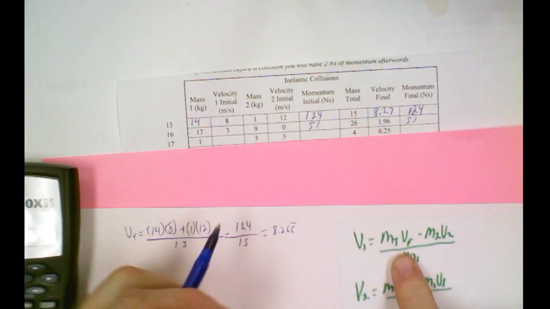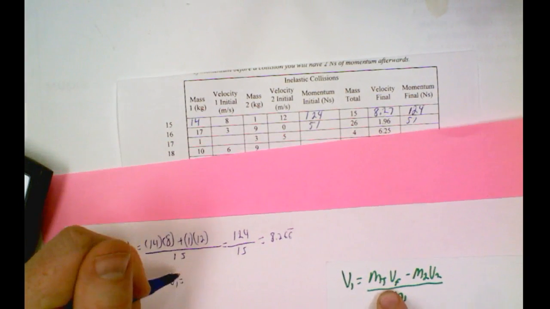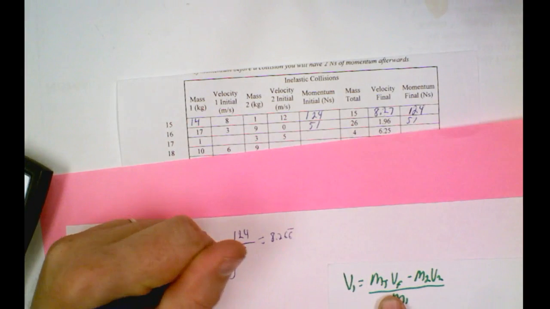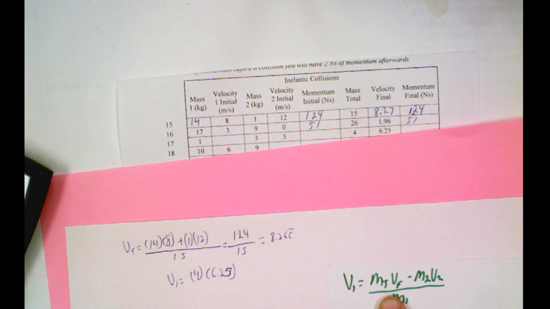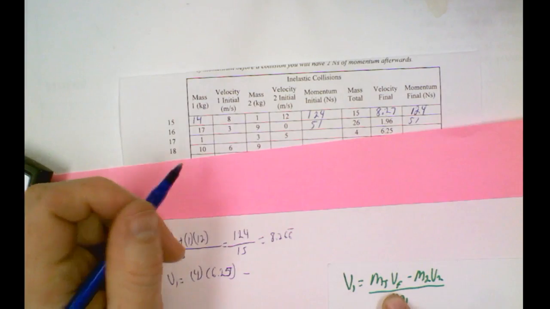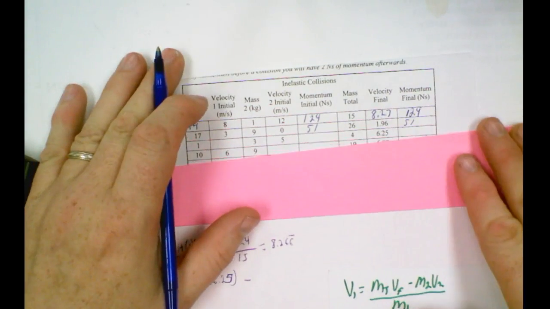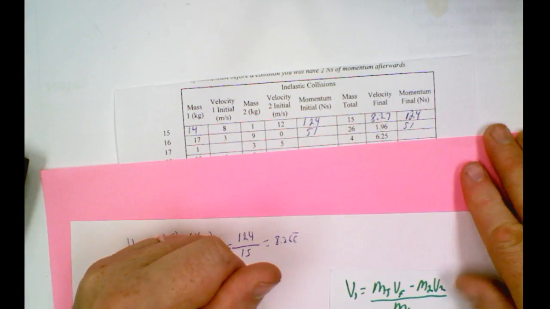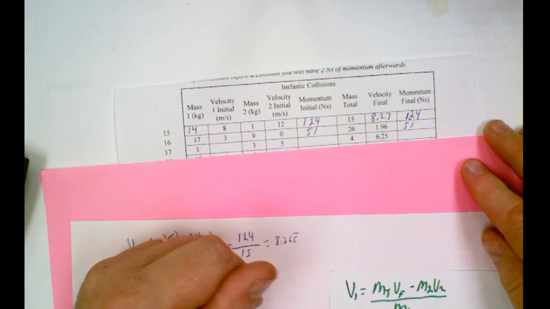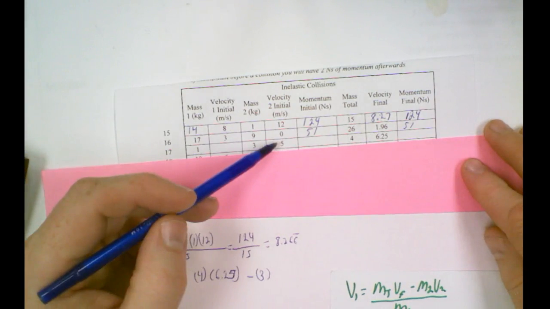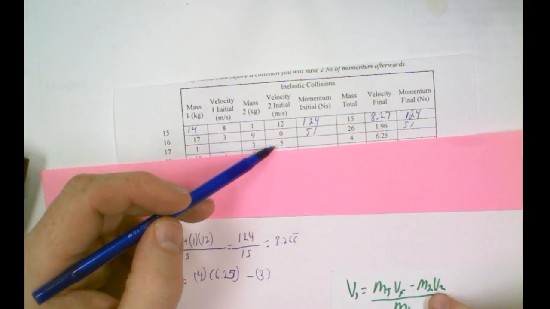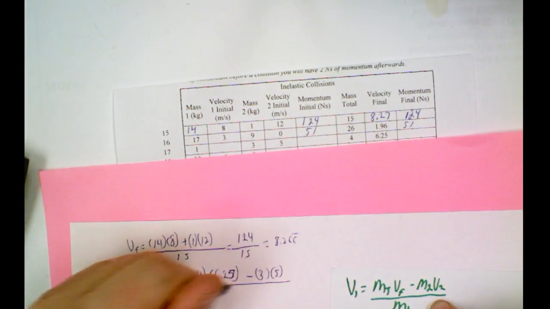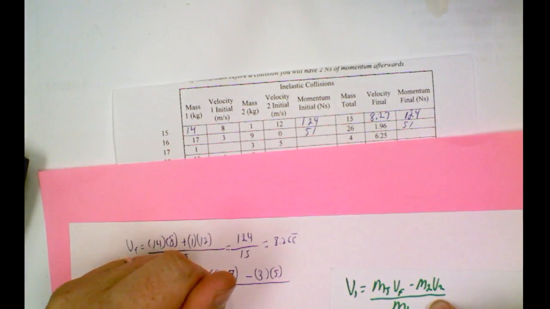So I could write this out as velocity 1 equals 4 times 6.25 minus m2, which seems to be 3, times velocity 2, which is 5, all divided by mass 1, which is 1.